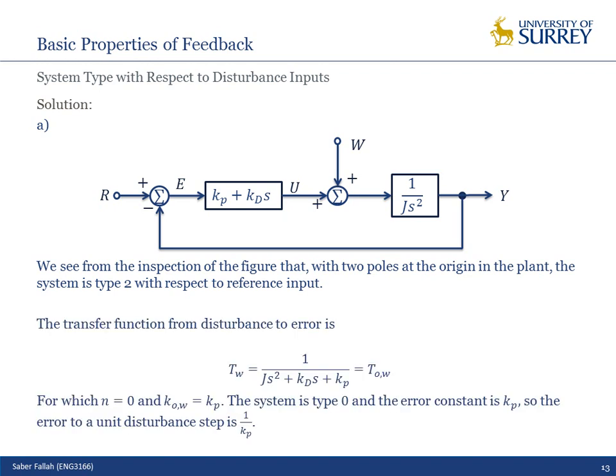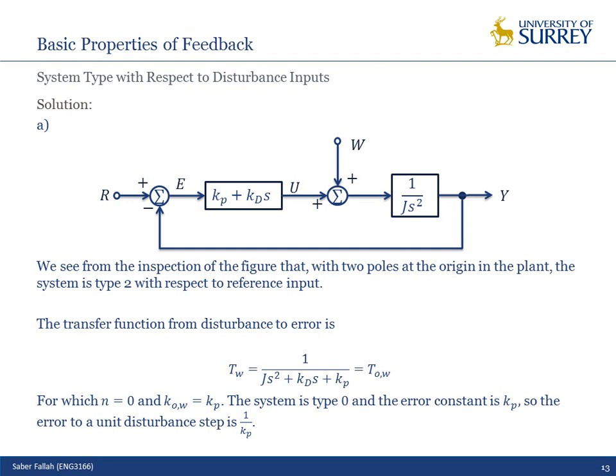If I look at the transfer function from y to w, the transfer function is in the form of 1 over Js squared plus Kds plus Kp. If I want to show it as s power n times the transfer function, there is no s power n in the numerator, which means n is equal to 0. N equal to 0 means system type is 0.